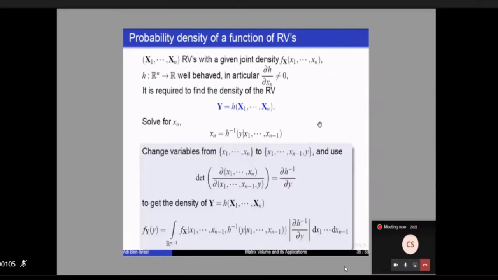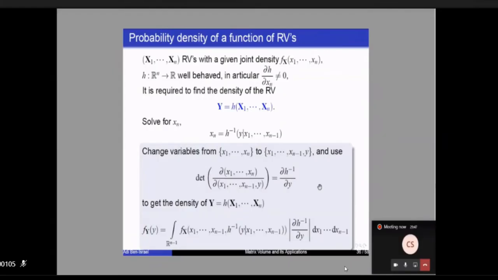Change variables from x1 to xn to x1 to xn minus 1, y, so we still have n variables, and calculate the determinant of the Jacobian, and it is the partial of h inverse with respect to y. The Jacobian has the first n minus 1 rows the same as the identity matrix.